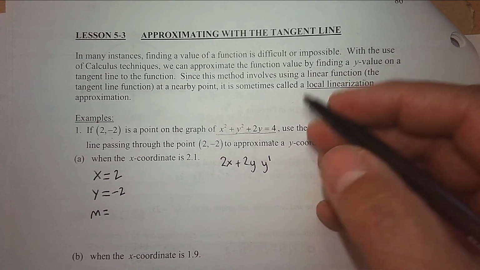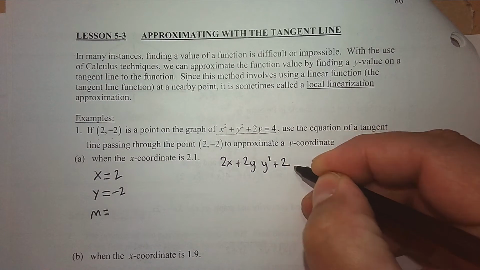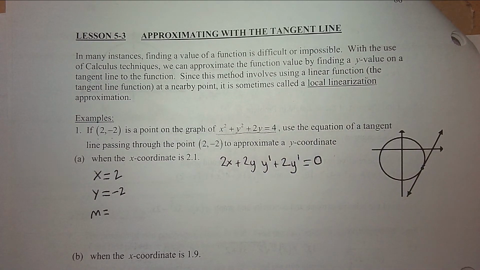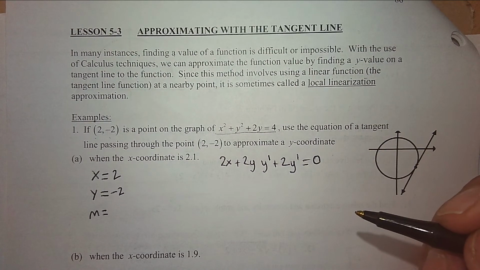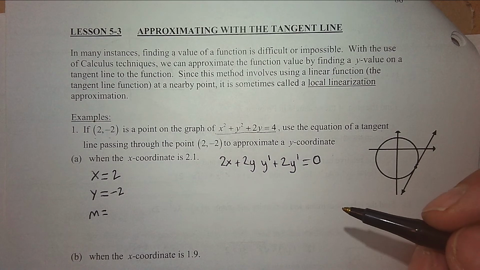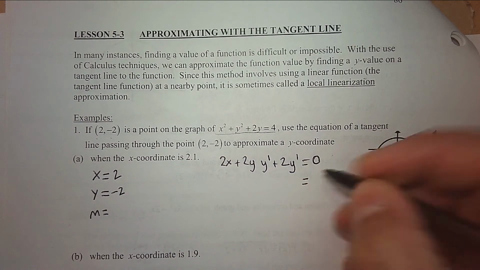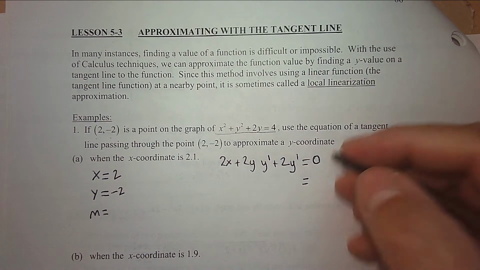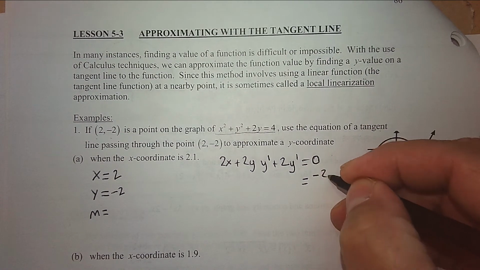The derivative of 2y is 2 y prime, and the derivative of 4 is 0. How would you get y prime by itself? So what's the only term that doesn't have y prime? 2x. So what am I going to do? Subtract 2x.